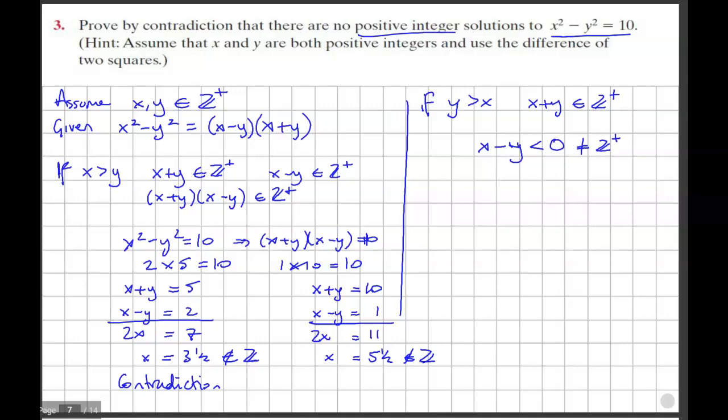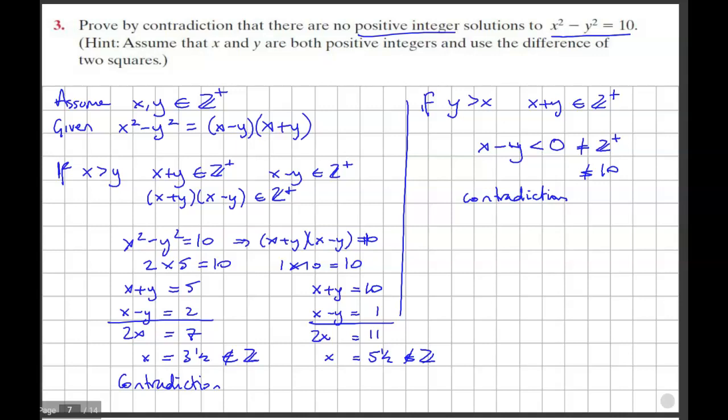So straight away it's certainly not going to equal 10. Therefore we can say that there's a contradiction straight away on that one. So when I assume that x and y are positive integers, where y is greater than x, I get a contradiction, as well as in the first scenario where x is greater than y.